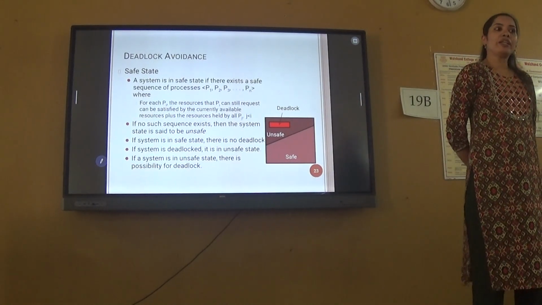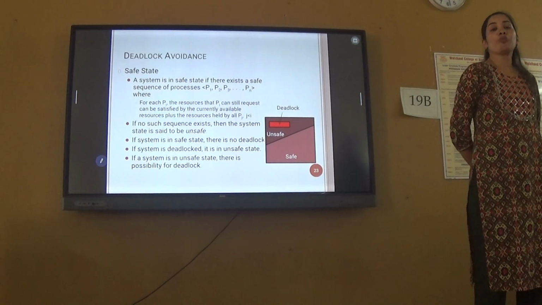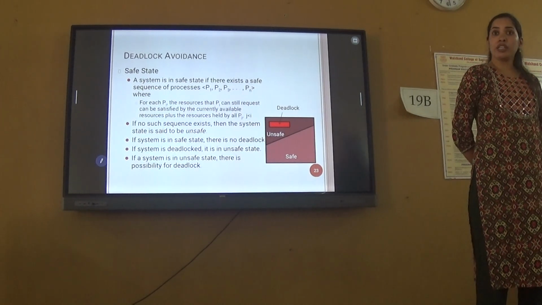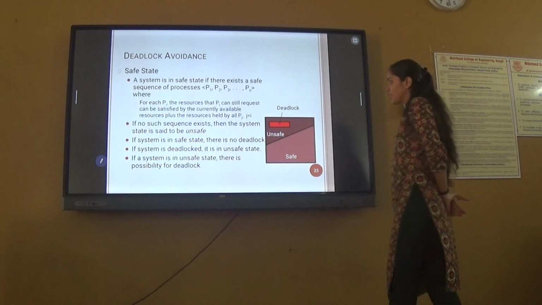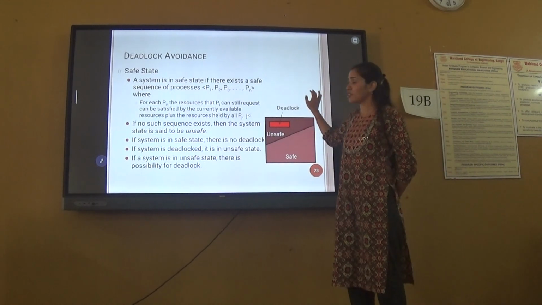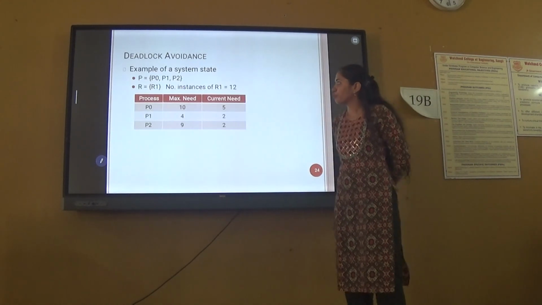So to avoid the deadlock, we assure that the system stays in the safe state. Now what is the safe state and the unsafe state, we will see. Instead of discussing this, we will go with an example.